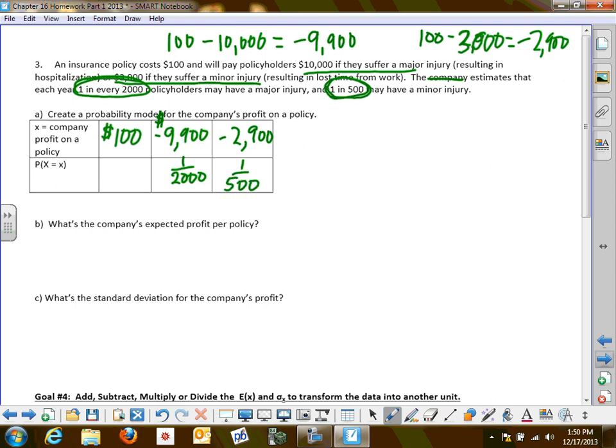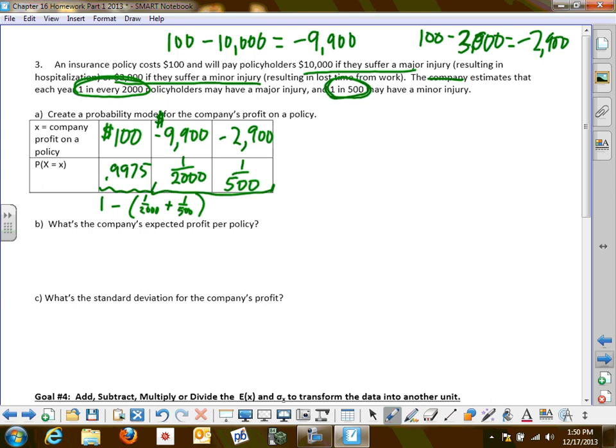So how do I find this leftover amount? Okay, go. Good. Take these, total them up, and subtract it from 1. If you go 1 minus these two things, you end up with 0.9975. So 99.75% of the clients will be paying the insurance company and not getting anything back.